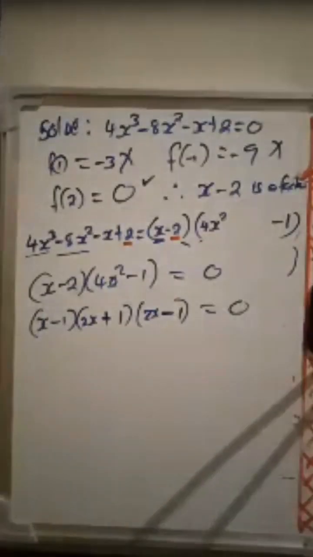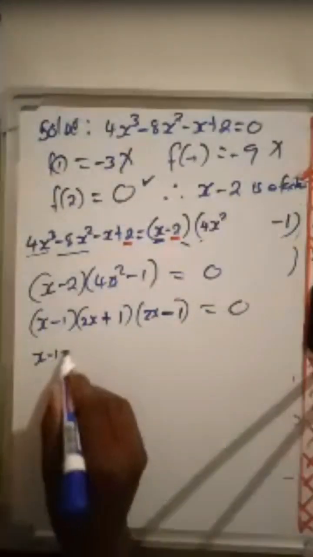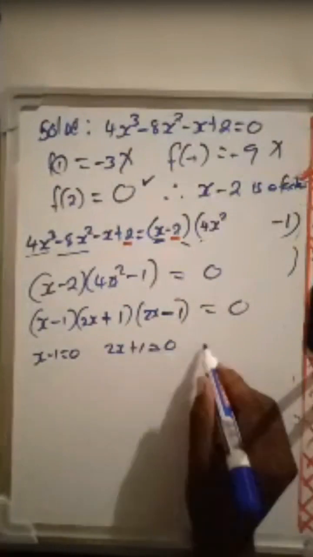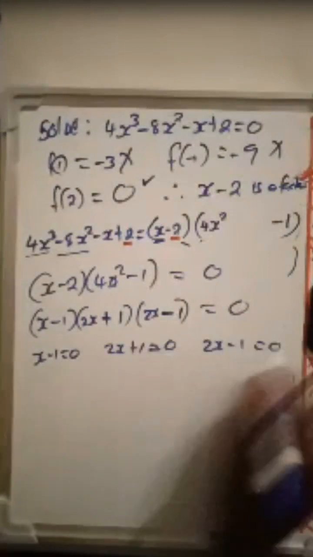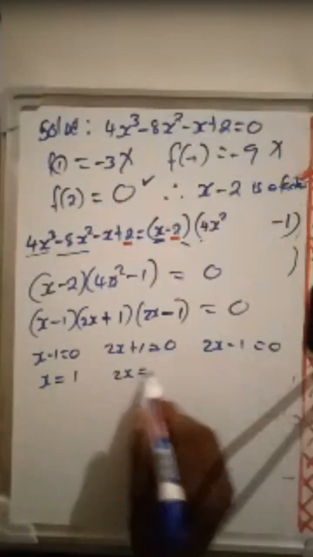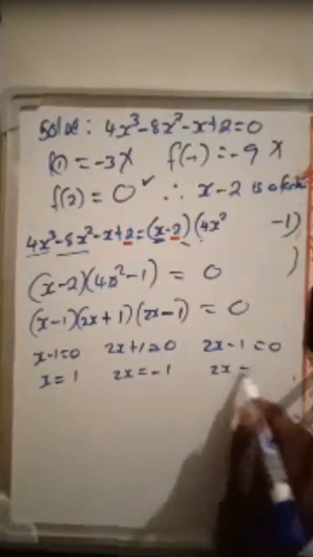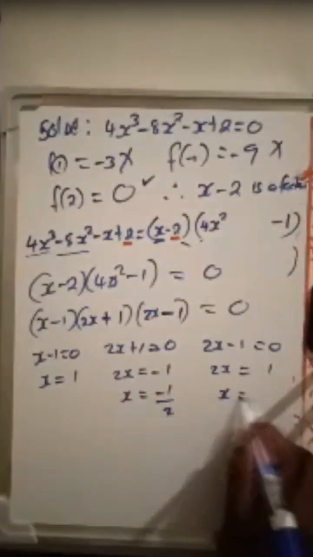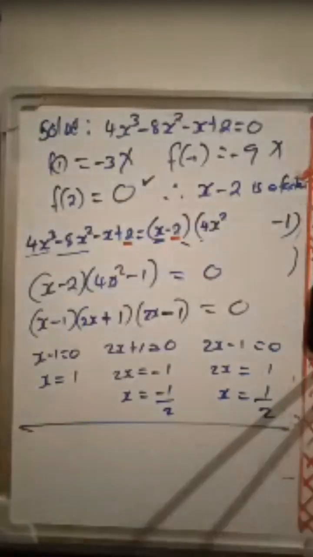So it's either x minus 2 is equal to 0, 2x plus 1 is equal to 0, or 2x minus 1 is equal to 0. So x is equal to 2, 2x is equal to -1, 2x is equal to 1. Then x is equal to -1 over 2, and x is equal to half. We have solved the trinomial.